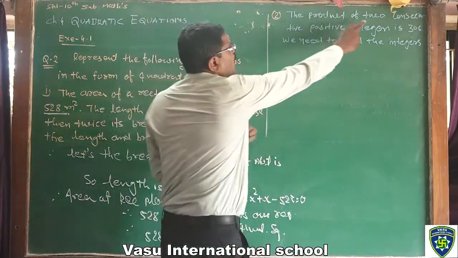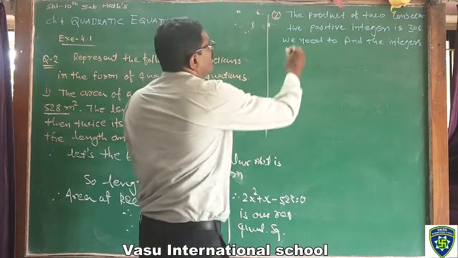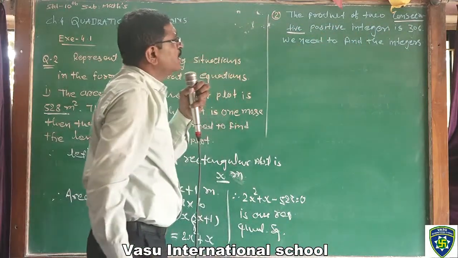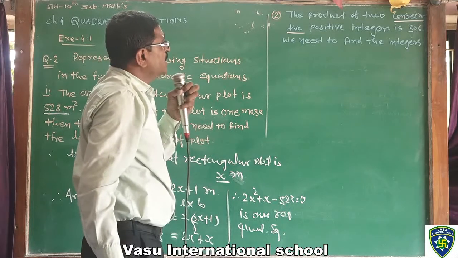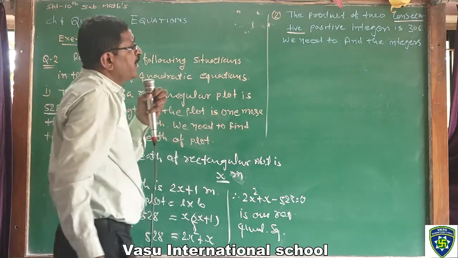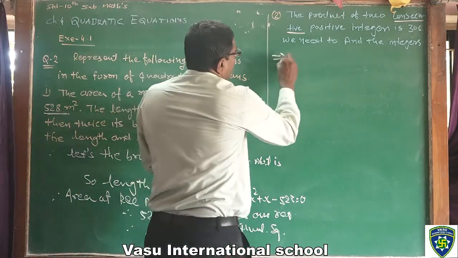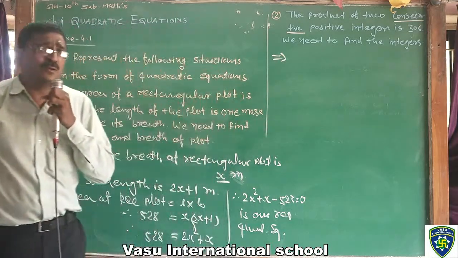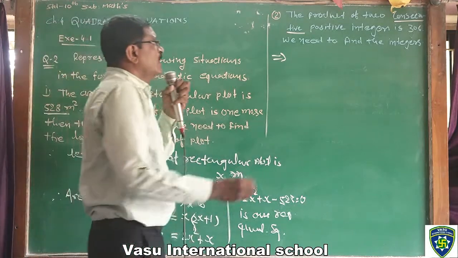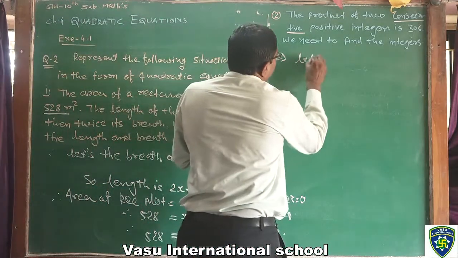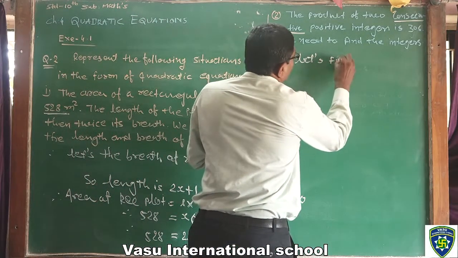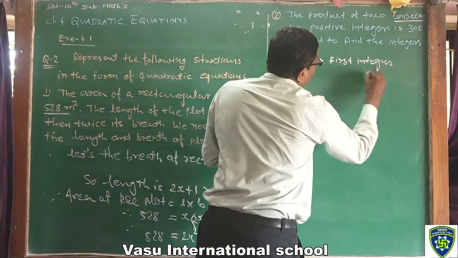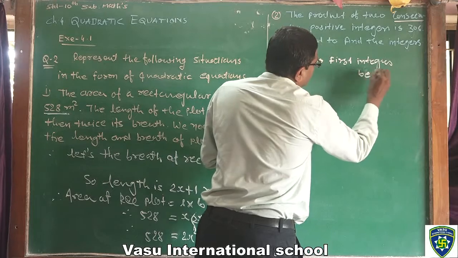Now check the second one. The product of two consecutive positive integers is 306. We need to find the integers. Two consecutive integers, look at here. Let the first integer be x.